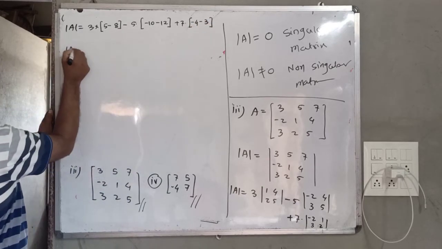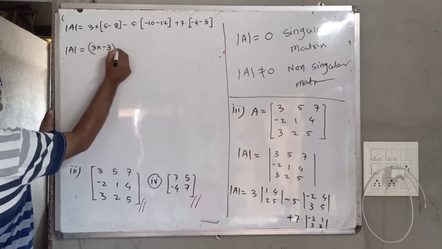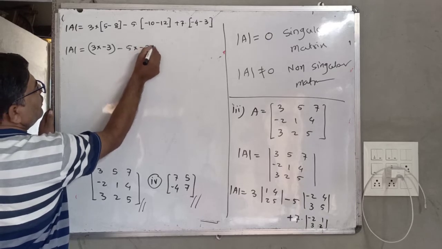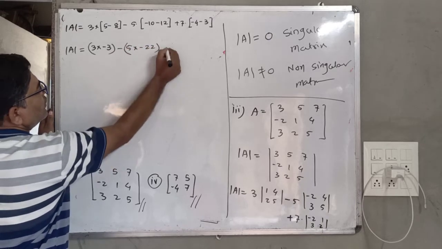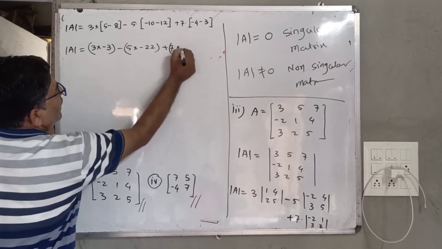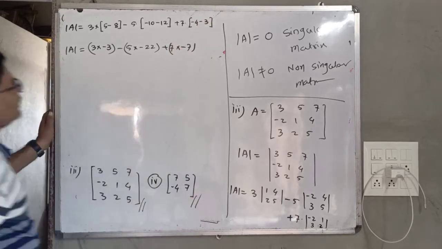So the determinant of A equals 3 multiplied by minus 3, minus 5 multiplied by minus 22, plus 7 multiplied by minus 7.